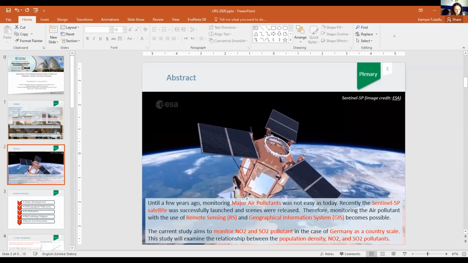In the current study, we try to monitor especially nitrogen dioxide and sulfur dioxide in the case of Germany at country scale, and we want to consider what the relation is between the population density and these pollutants.